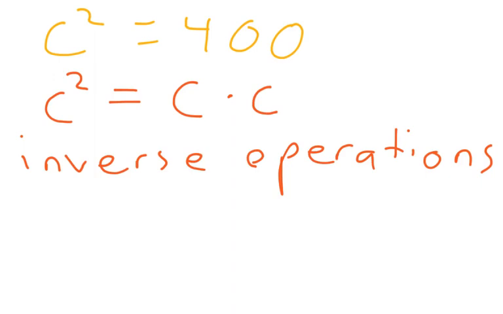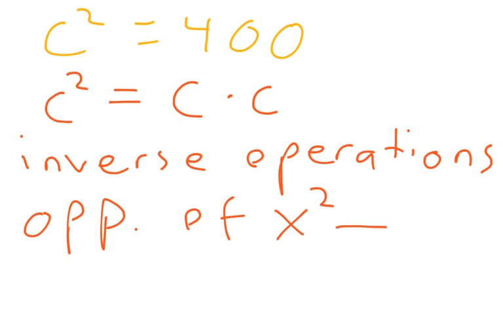So in this case, I'm squaring something. So what's the opposite of squaring something? It is this little symbol called the square root symbol. And all that square root symbol is, is it is just asking what number times itself gives you that number.